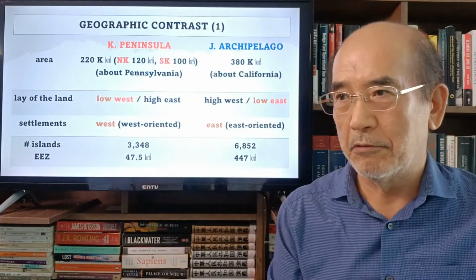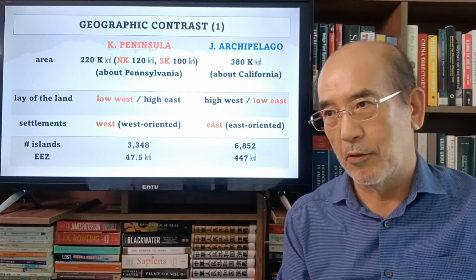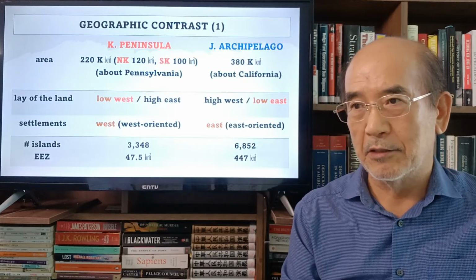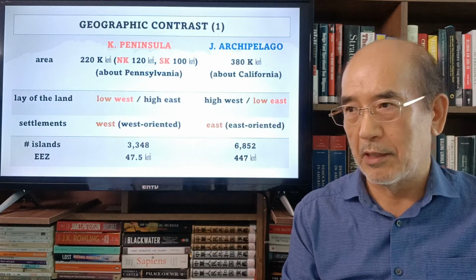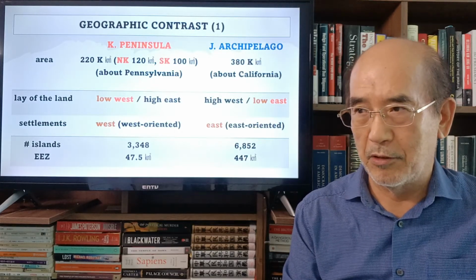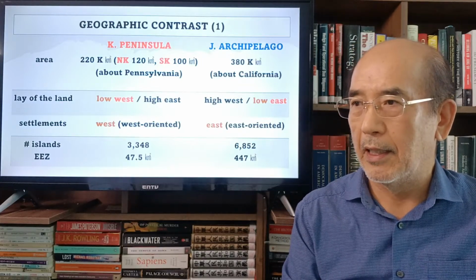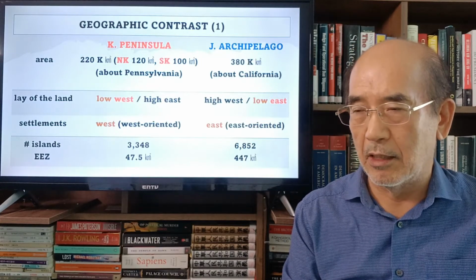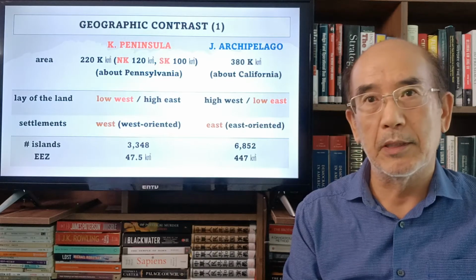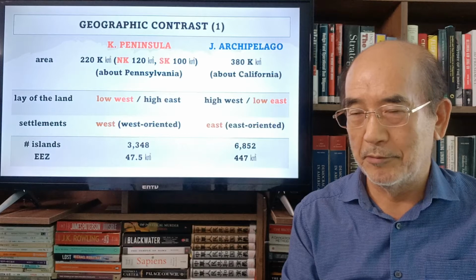Now, if you contrast the Korean Peninsula and the Japanese archipelago, the entire area of the Japanese archipelago is far larger than the Korean Peninsula. The Japanese archipelago has 380 square kilometers, which is about the size of the state of California.